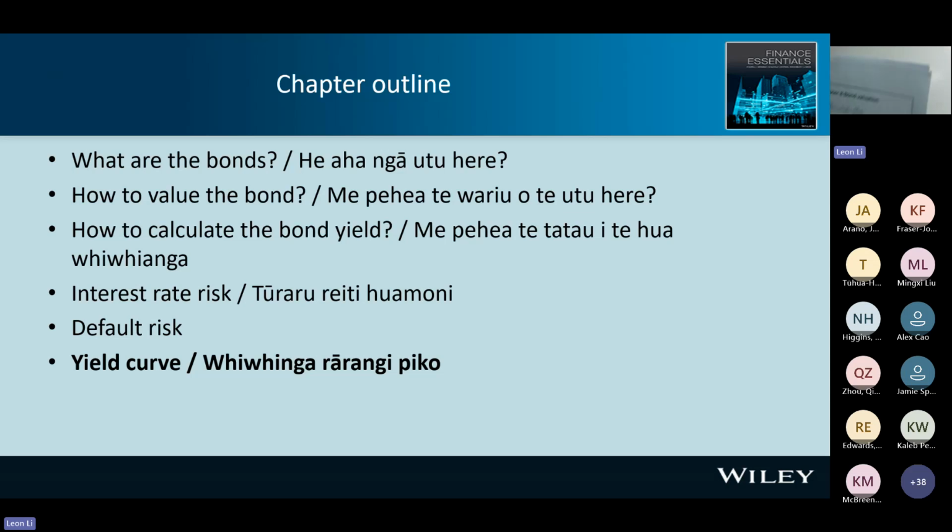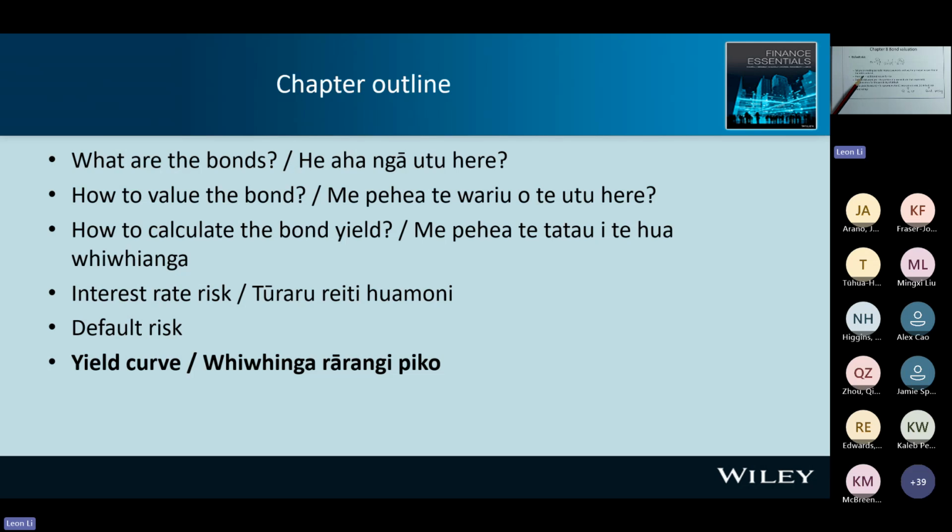So again, let's review our key concepts, right? So default risk. When I think about default risk, first I review our bond valuation formula. So default risk is about the payment, right? Coupon payment and the lump sum payment. Although they are fixed when the bond is issued, the payment will involve default risk.